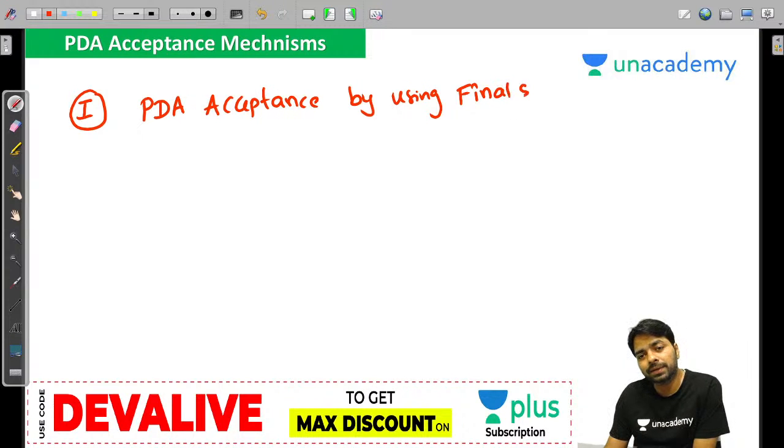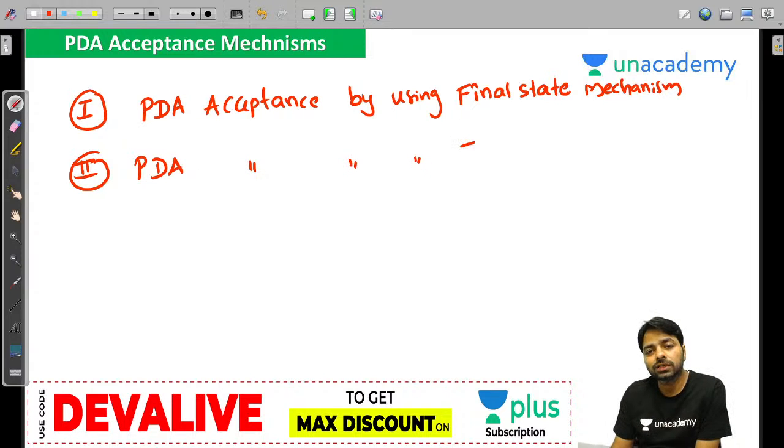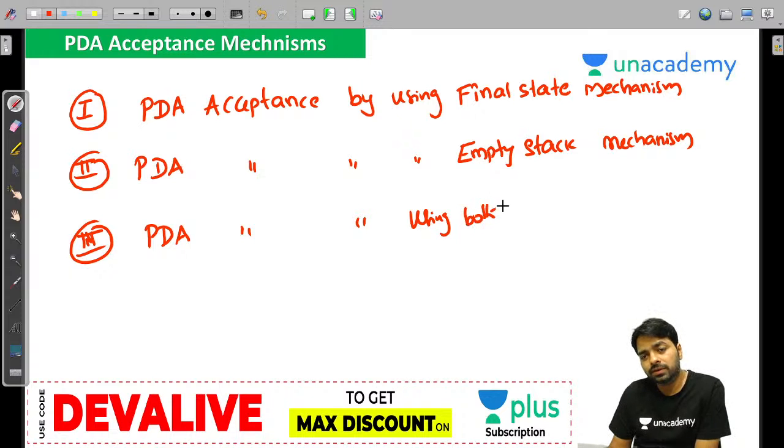And a PDA can also use the empty stack mechanism. This is another mechanism, guys. Without a final state also you can do that. And if you are really interested, you can build using both mechanisms. PDA acceptance by using both final state and empty stack. You can also use both of them if you want.